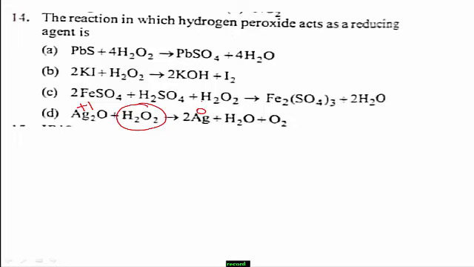Students, in this reaction hydrogen peroxide acts as a reducing agent because it reduces Ag from +1 to 0. Therefore, option D is the right answer.